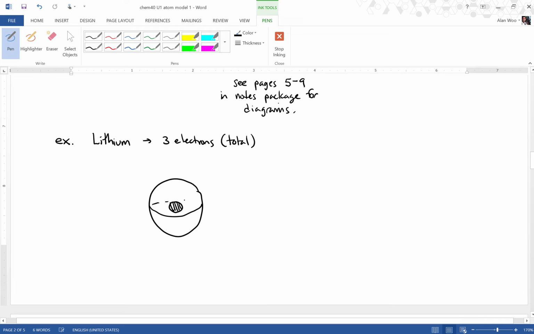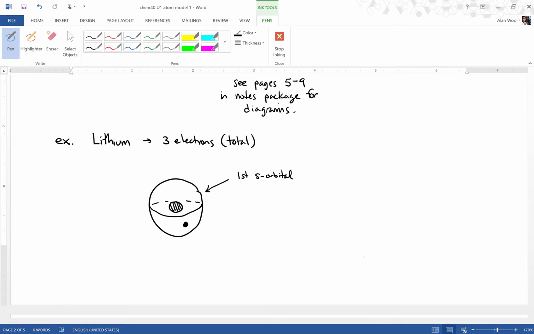So here's my s orbital. I'll just label this as the first s orbital. If I were to place just 1 electron, like this, I would actually have hydrogen, because hydrogen only has 1 electron.